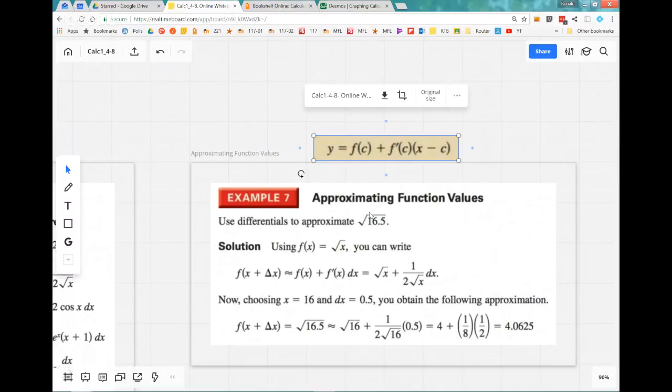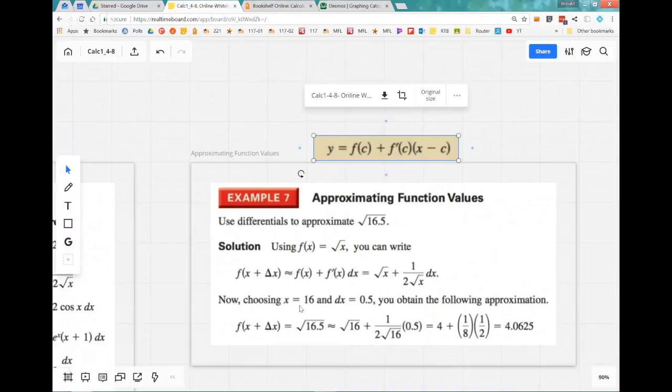So here's what we're going to do. So what we're doing, yeah, let's think of it in these terms. f of x plus delta x. The function plus the derivative, okay, which we already know how to do.